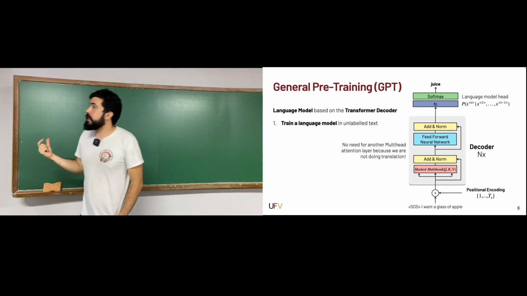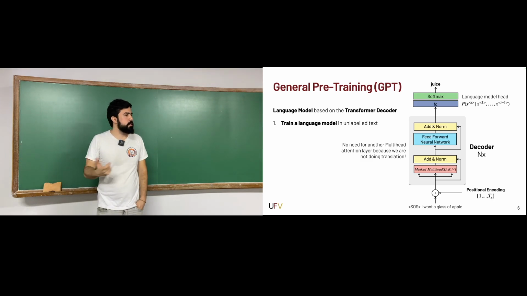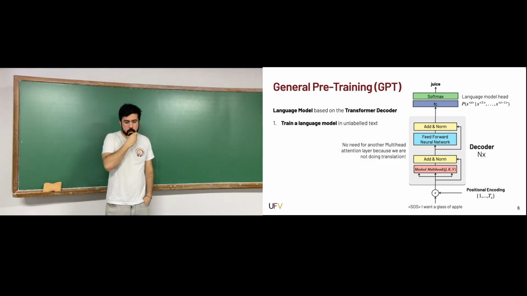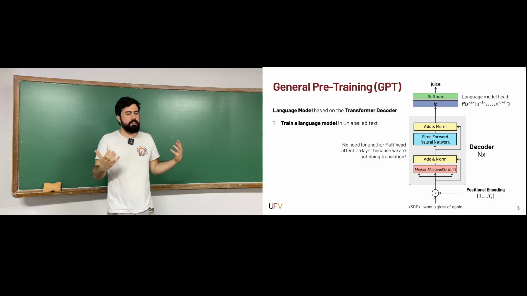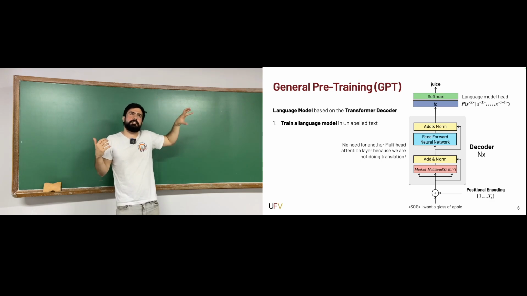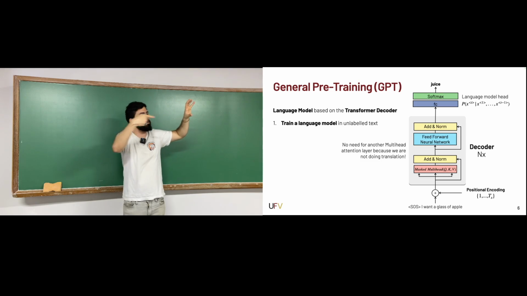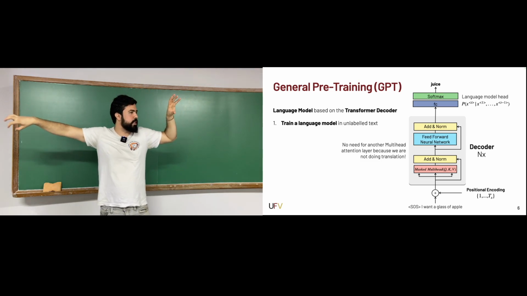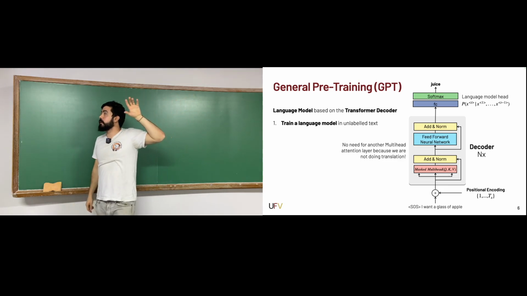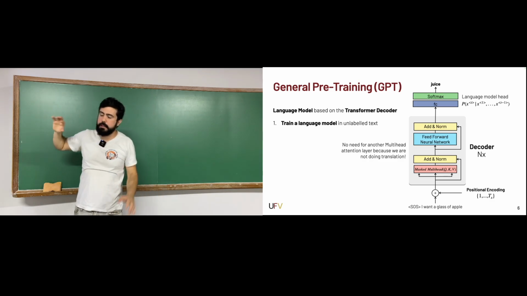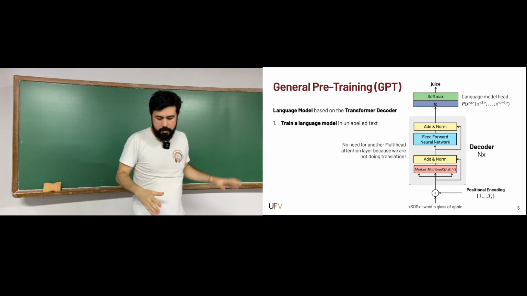OpenAI was interested in using transformers for language modeling, because that wasn't done before. Since machine translation is a kind of conditional language modeling, because the decoder of the seq-to-seq model is by definition a language model conditioned on a source sentence, you could in principle just remove the encoder and learn a language model with the decoder, and that's what they did. They trained a language model on a bunch of unlabeled text.